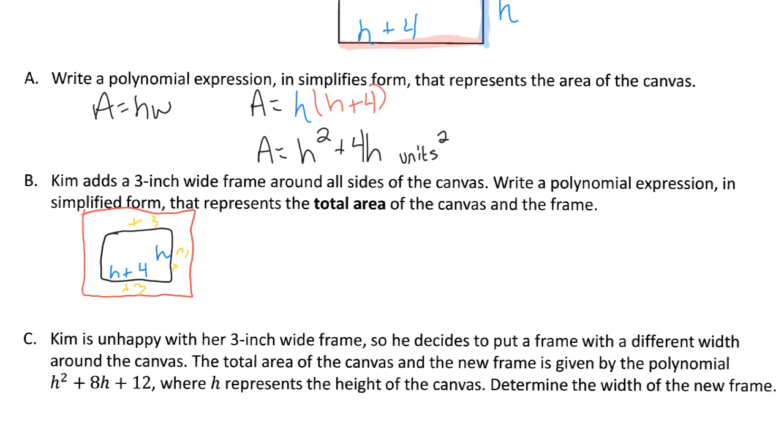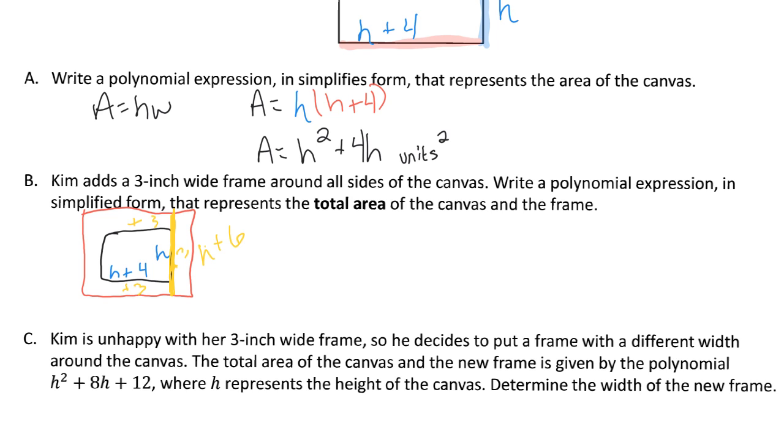So what's our new height? Our new height is going to be h plus 6. That's because I'm adding 3 down here, and I'm adding 3 inches up there, so I'm adding truly 6 inches to that.